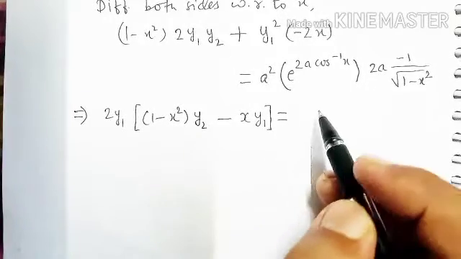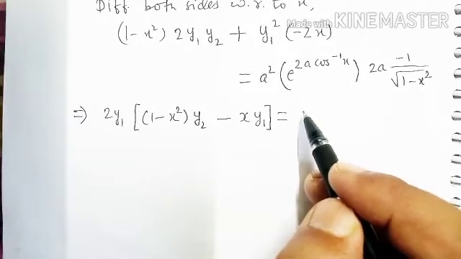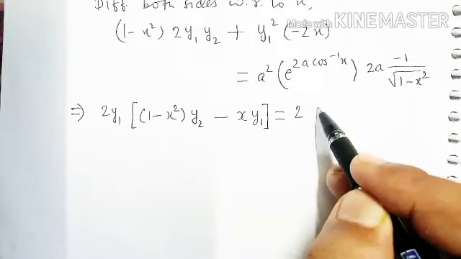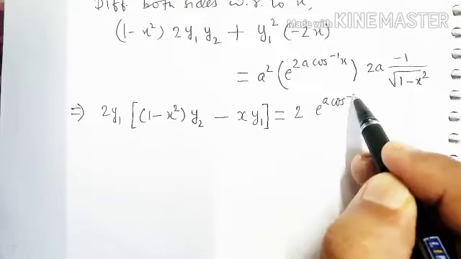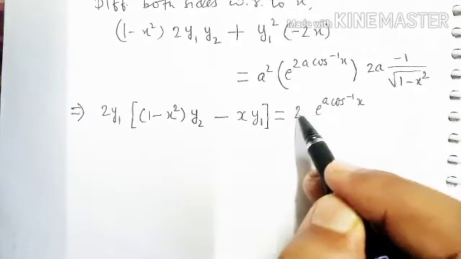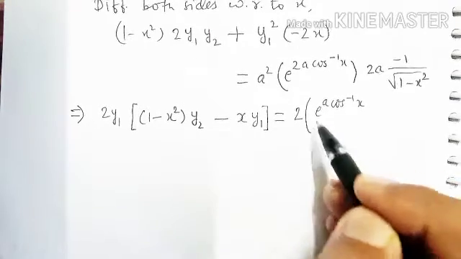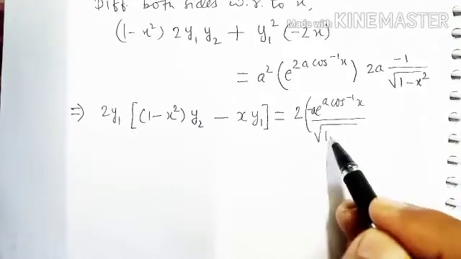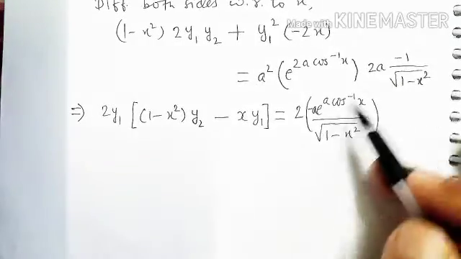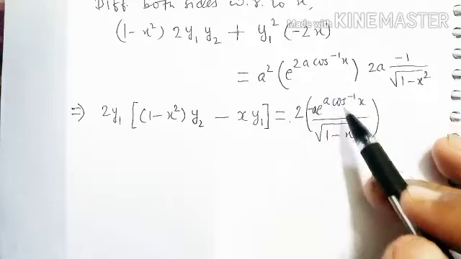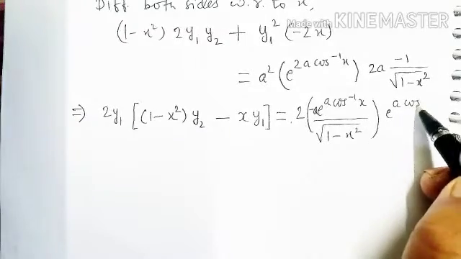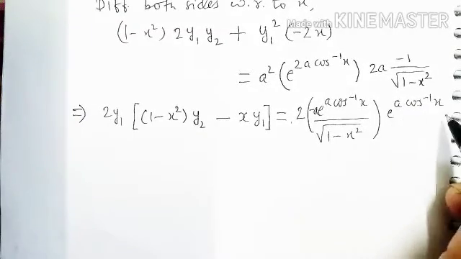Here we can write in the form 2 e to the power a cos inverse x times minus a divided by square root of 1 minus x square. 2 here, minus a here, e to the power a cos inverse x, and here a square.